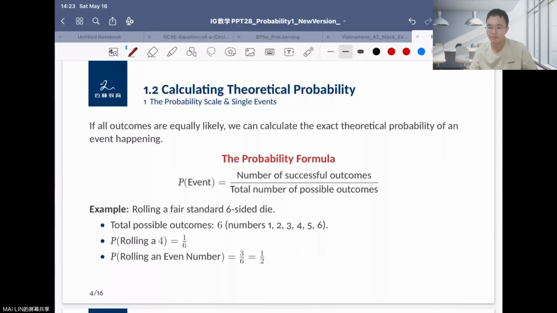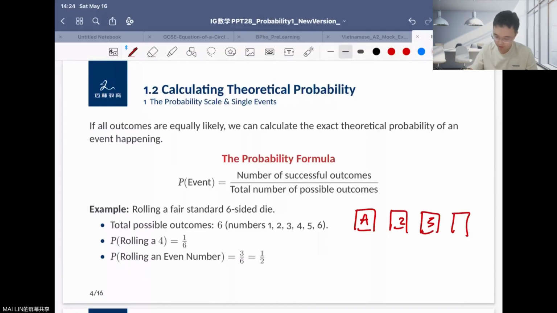possible outcomes. For example, you are playing a game and you want to draw a card from an ace, 2, 3, and 4. Maybe you want to draw a card from the poker cards, and you cannot see the exact number because they are reversed to their back. Once you draw the card, you want to get an ace. That means there's only one successful outcome for you to get the ace.